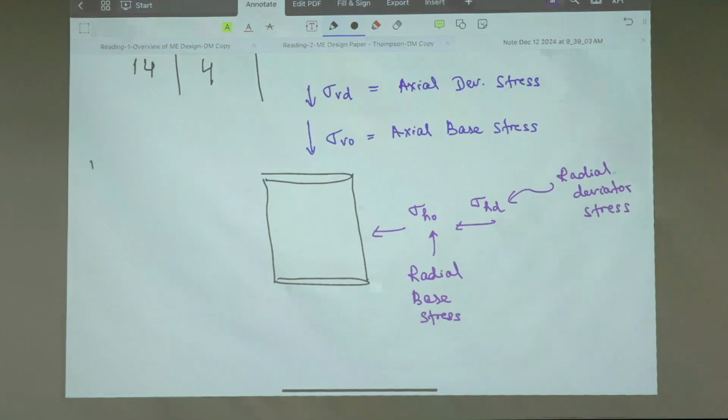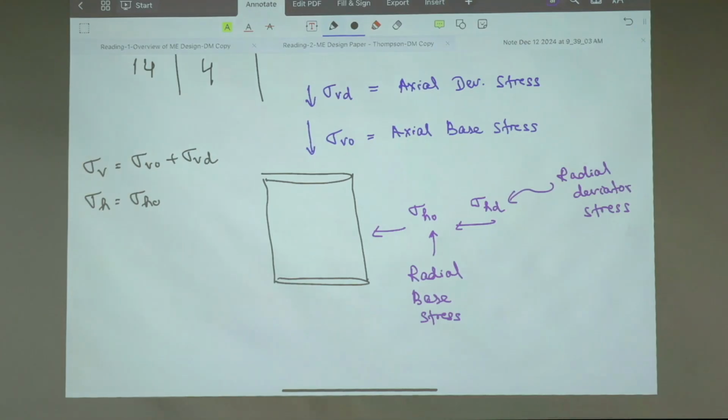So sigma V is equal to sigma V0 plus sigma Vd, and sigma H is equal to sigma H0. It would have been plus sigma Hd if we were pulsing in the horizontal direction as well. In this case we are not.